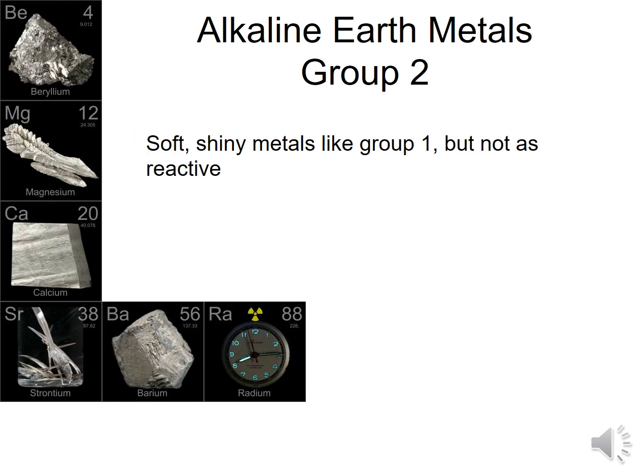The alkaline earth metals are soft, shiny metals similar to group 1, but not as reactive as group 1. Of course, they include number 88, radium, which was once used to make fluorescent paint on watch dials.